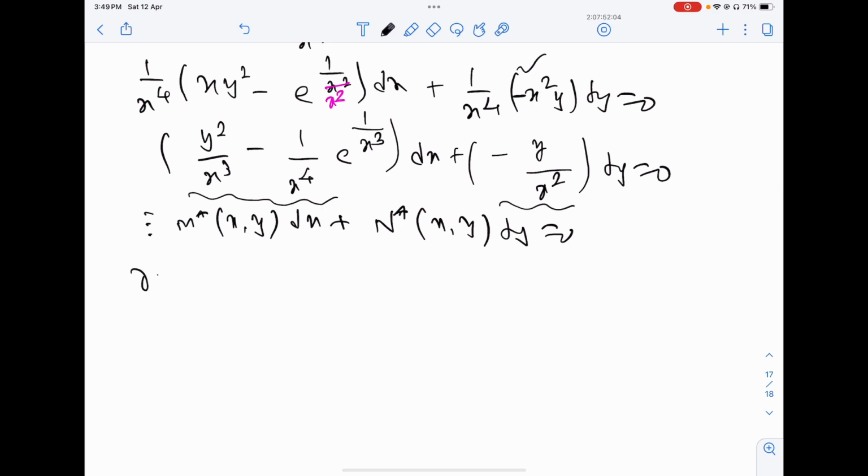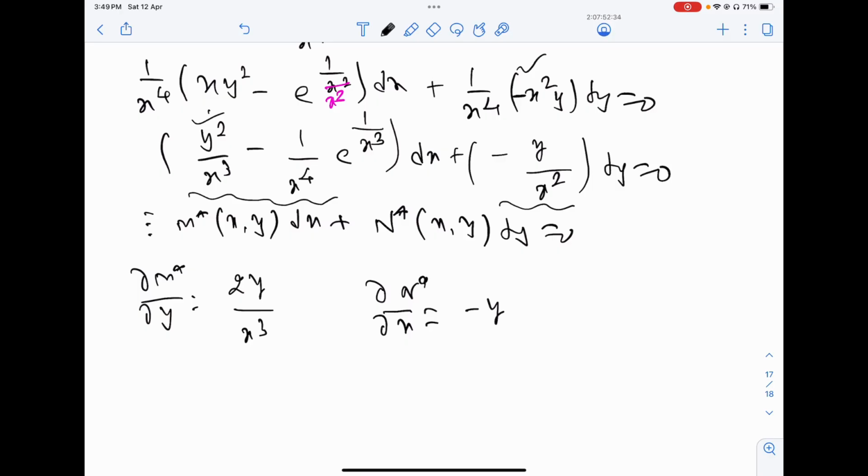So let us find del M star by del y. This derivative is 2y divided by x cube. The term not containing any y is constant, and that derivative is 0. Del N star by del x: this is minus y times the derivative of 1 upon x square.